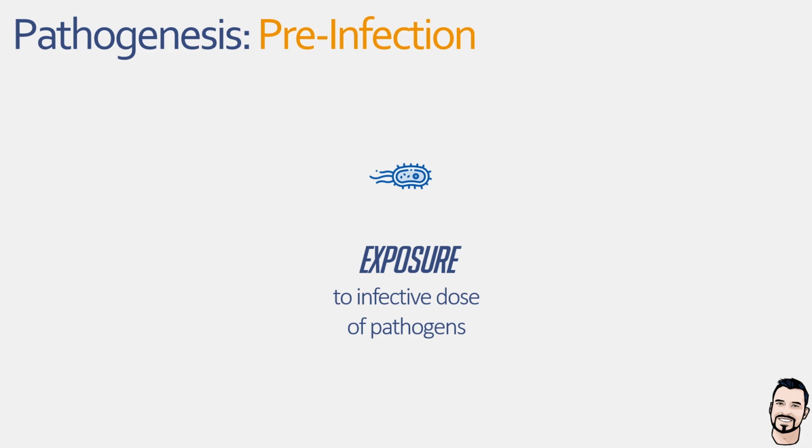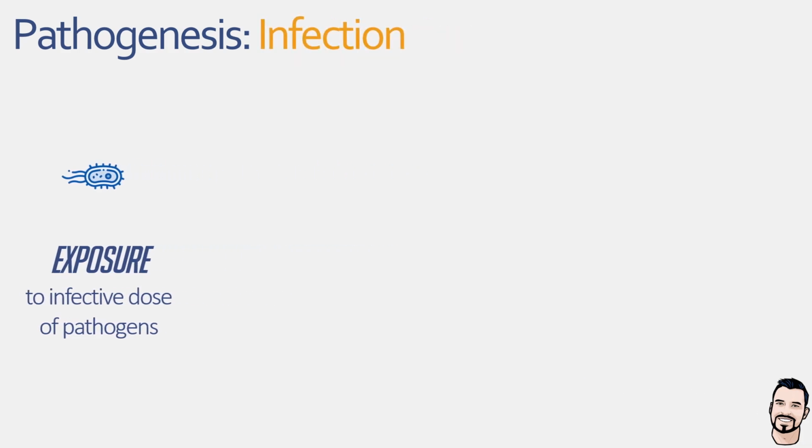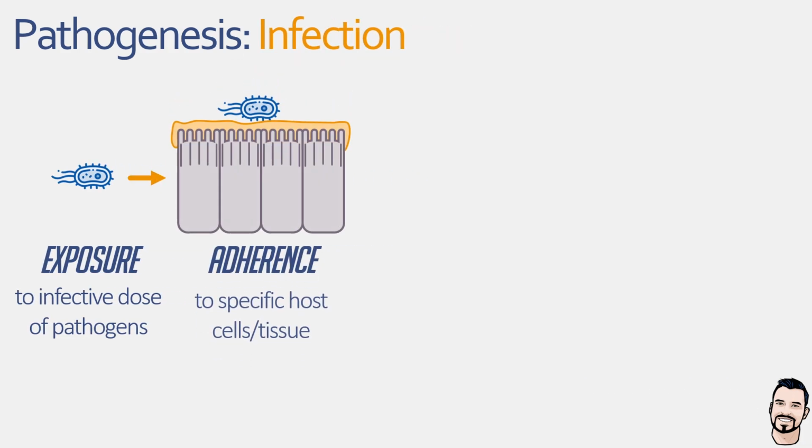And so if exposure is successful, we move on to the first critical step of the infectious process, which is adherence. Now, for many microorganisms, attaching to host cells or tissues is essential because without attachment, they are easily removed by normal physiological processes.